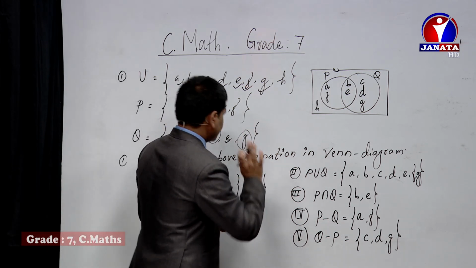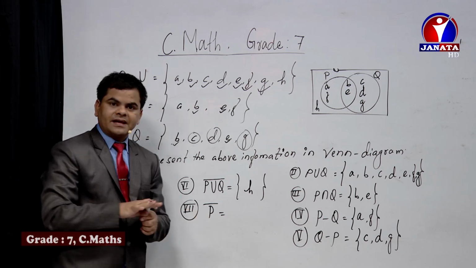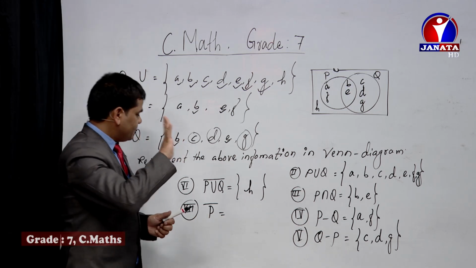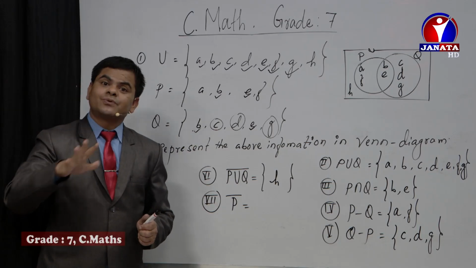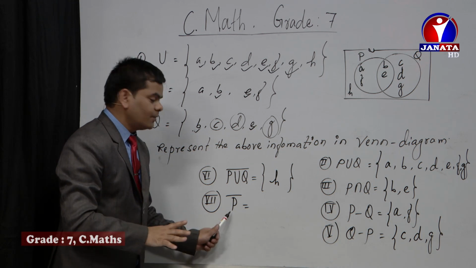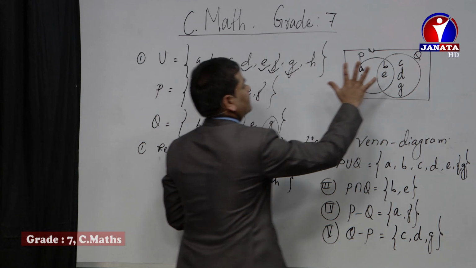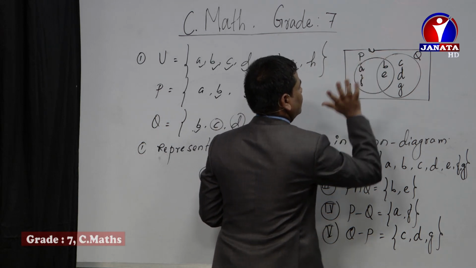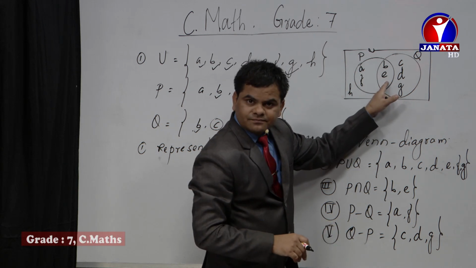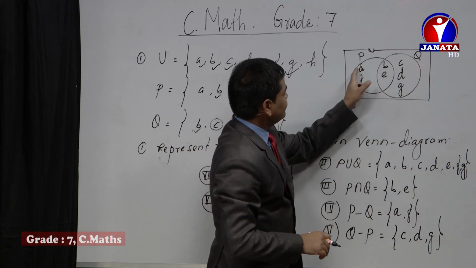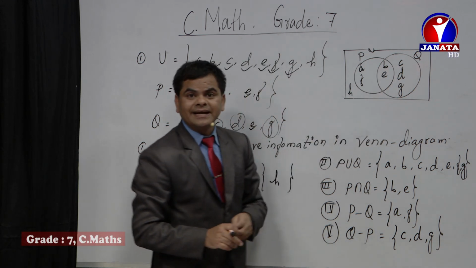If you see in the circle, there is also another technique to find this one, by using your hand. If you hide the whole circle of P, those elements which remain belong to P complement. So if you hide this circle, these elements will be hidden, but except these hidden elements, other elements are to be included.